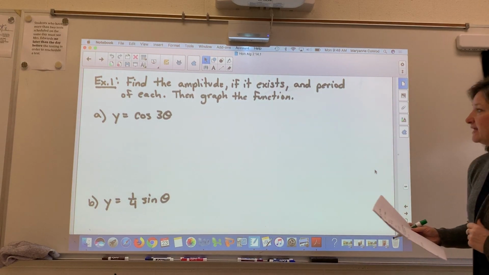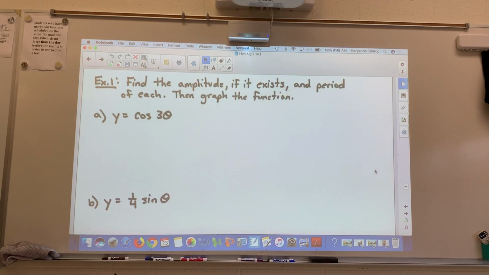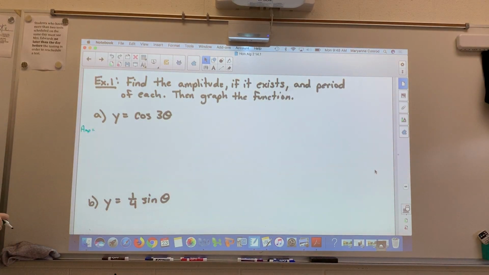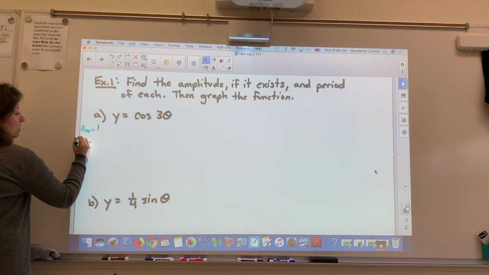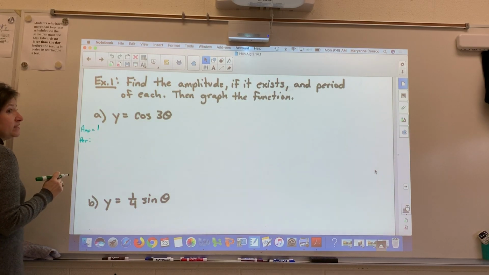So we're going to do example 1. They want us to find the amplitude, if it exists, and the period of each, and then make the graph. So let's start with the amplitude. What is the coefficient in front of this cosine curve? There isn't one. So what number is there? 1. So the amplitude is 1. What is the period of this cosine curve?